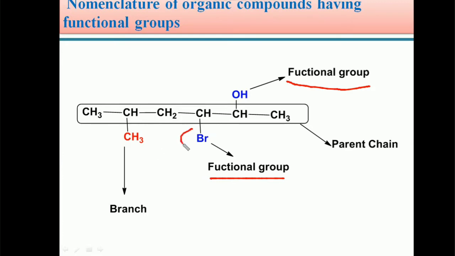Later we can identify the substituents, an atom or a group of atoms which are connected to the carbon chain, and these groups or atoms are responsible for the characteristic chemical properties of the given organic compound, called a functional group. So students, if a given organic compound has a functional group, how can we assign the IUPAC name? We can see.